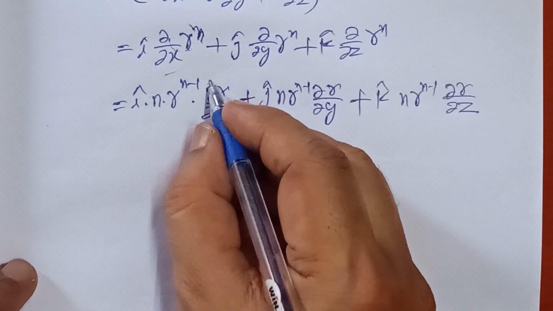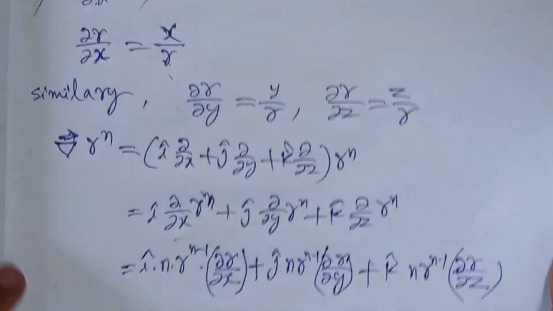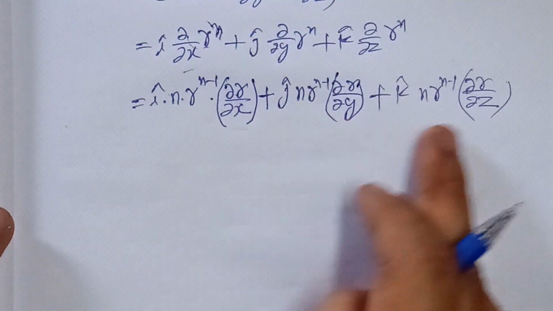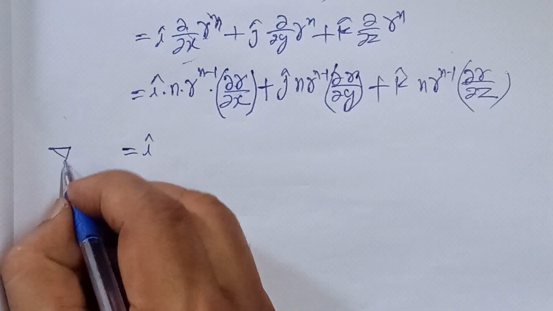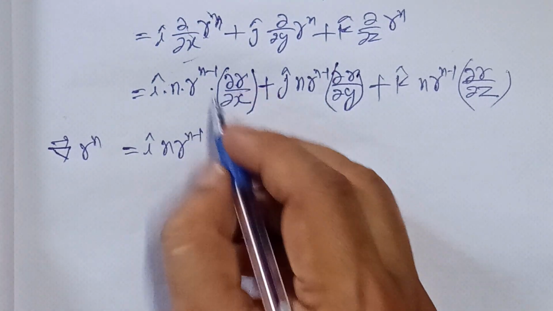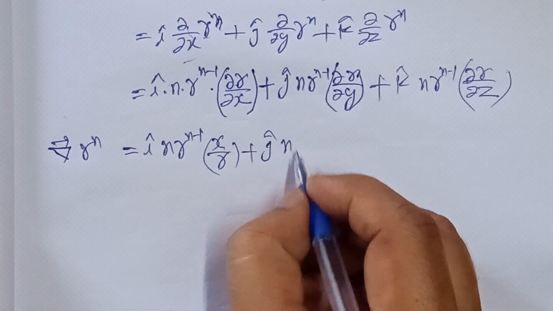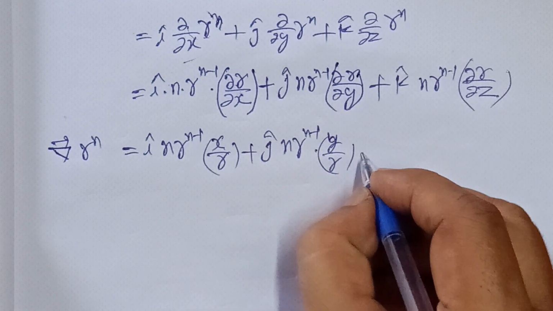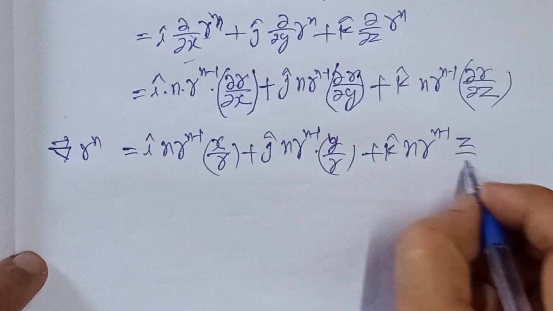Now I have already found these values, so I use them in these factors. So del r to the power n is i cap n r to the power n minus 1 times x upon r, plus j cap n r to the power n minus 1 times y upon r, plus k cap n r to the power n minus 1 times z upon r.